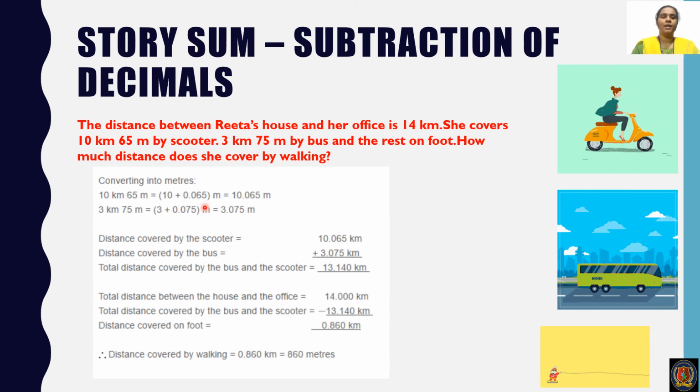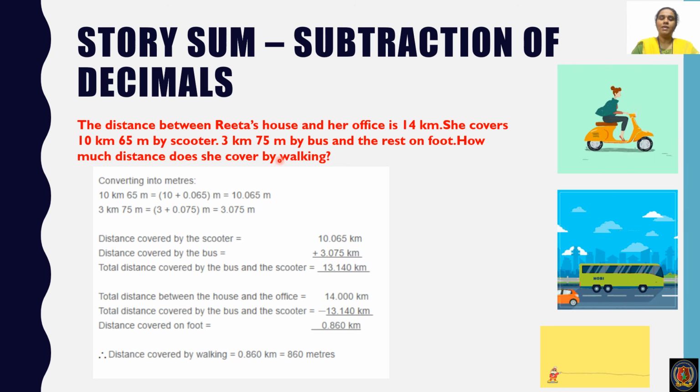So let us see. 10 km 65 meters, we need to write first in decimal form. 10 km 65 meters is nothing but 10.065 km and 3 km 75 meters is 3.075 km. First we do the addition, to find the total distance covered by scooter and bus. Scooter 10.065 km, bus 3.075 km. We add those two and get the total distance 13.140 km.